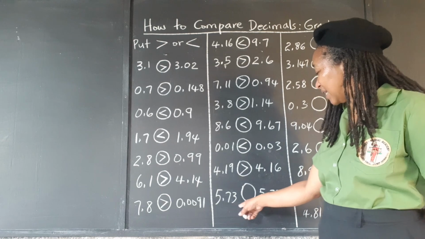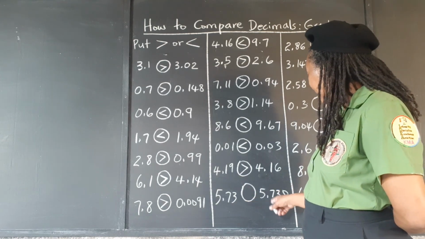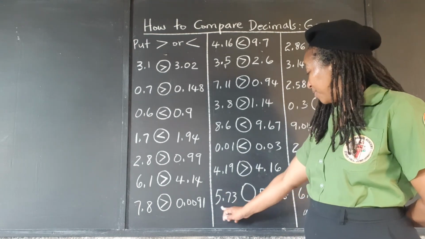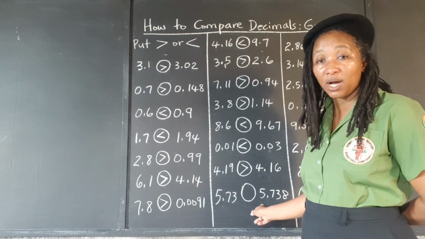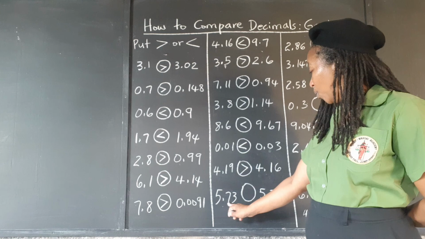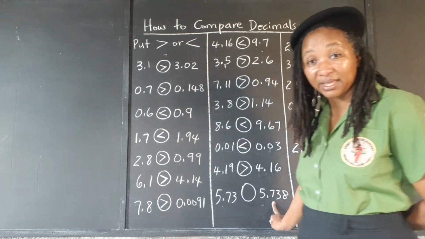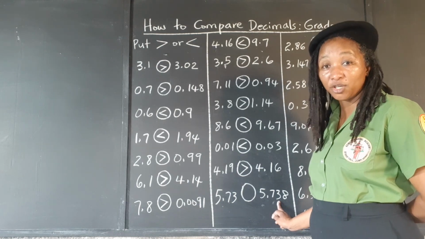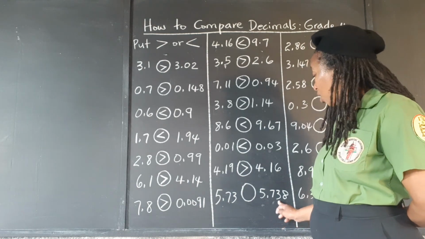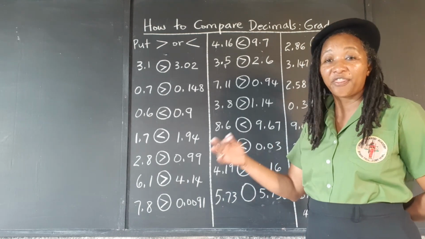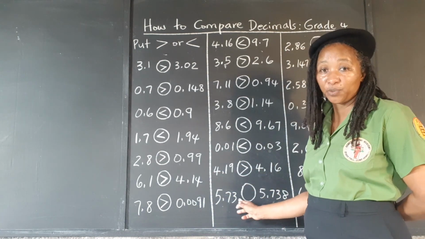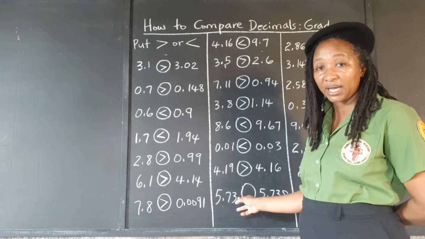Comparing 5.73, 5.738. They both have a 5 in the ones place. They both have 7 in the 10th place. They both have 3 in the 100th place. Now we have to go to the 1000th place. This has a 0. We didn't need to put the 0 because it wouldn't make a difference.